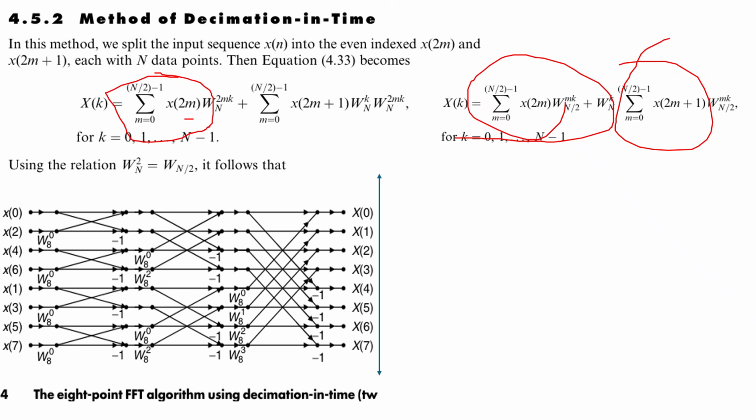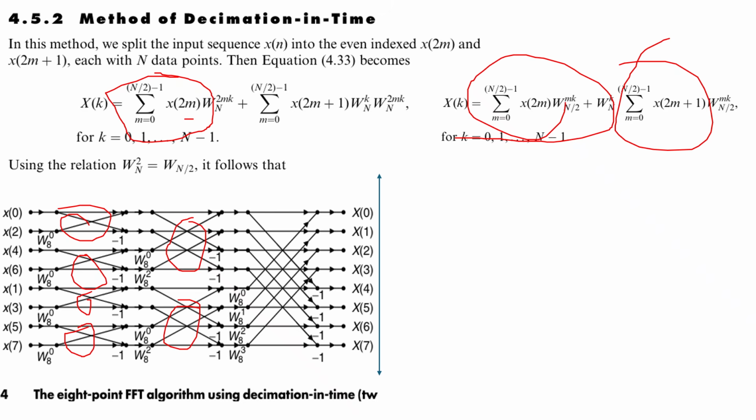So again, if you remember in the decimation in frequency, we have done like 8, 4 and 2. Here just reverse. So here initially we are using 2 cross 2 butterfly structures, total 4, then here we are using 4 cross 4 butterfly structures.